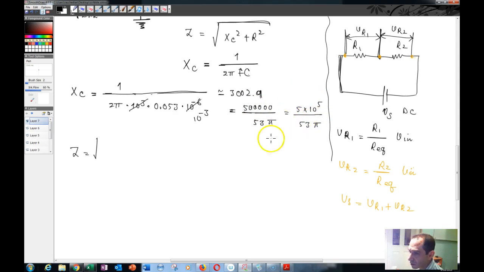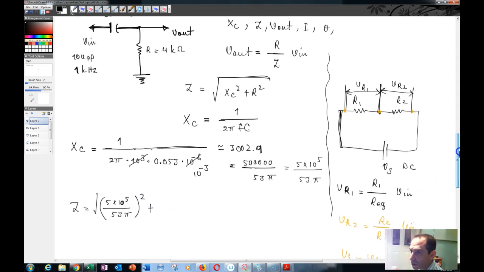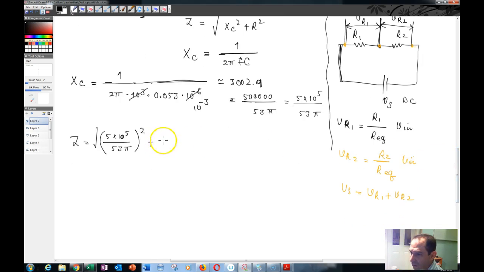This is easier. You have to square this whole thing, plus r squared, and your r is equal to 4 kilo, so that's 4 into 10 raised to the power 3 whole squared. And you want to take the square root of this whole thing.